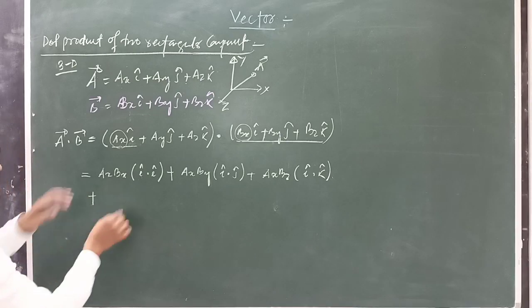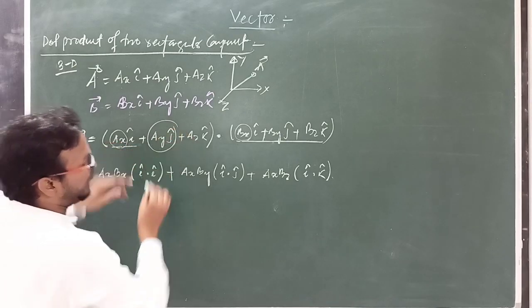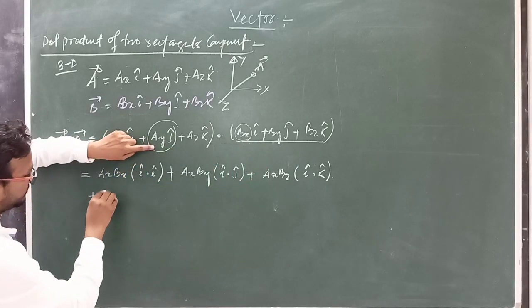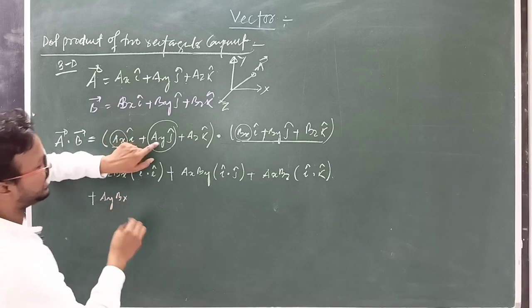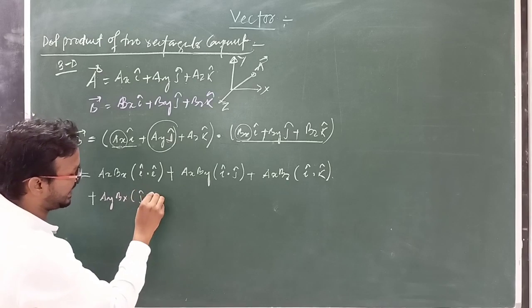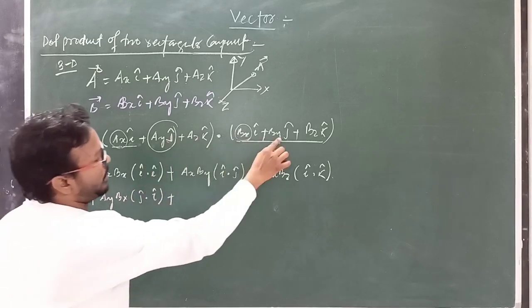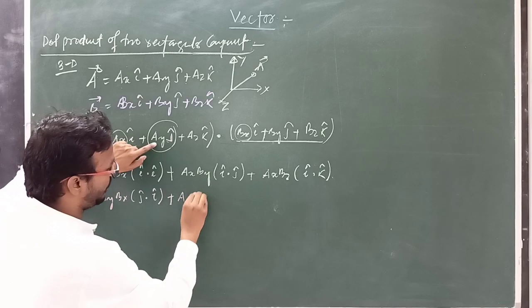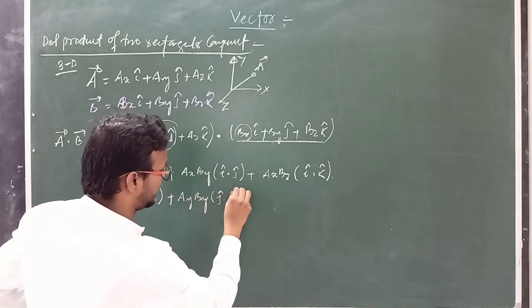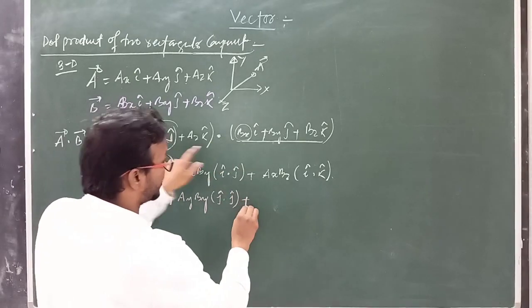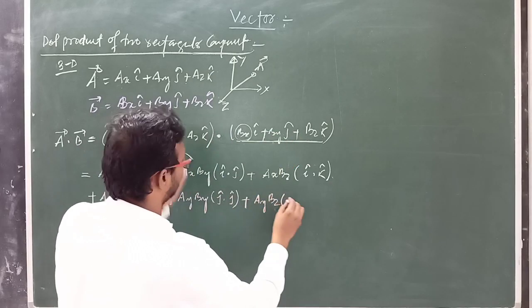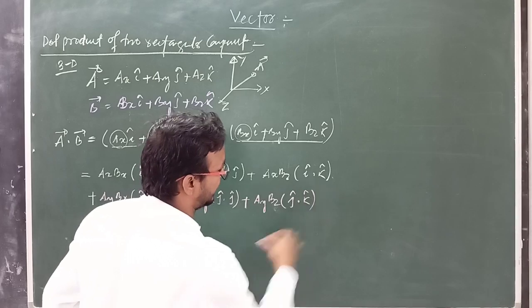Again plus, now come to this point, ay bx, so that is ay bx j cap dot i cap, plus ay by j cap dot j cap, and again plus ay bz j cap dot k cap.